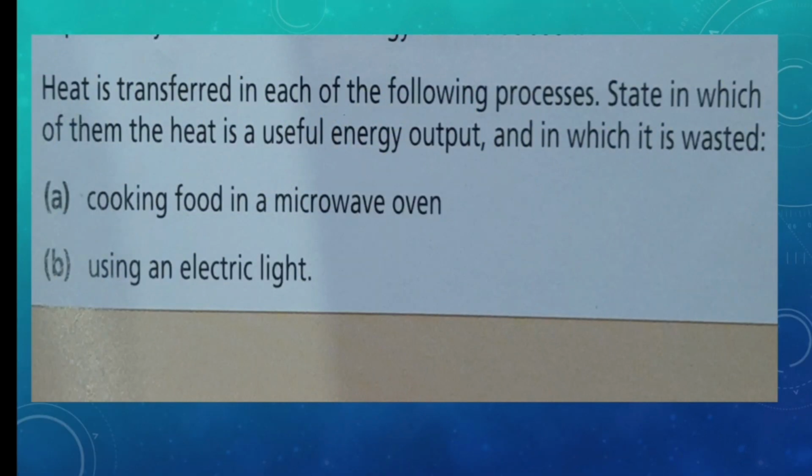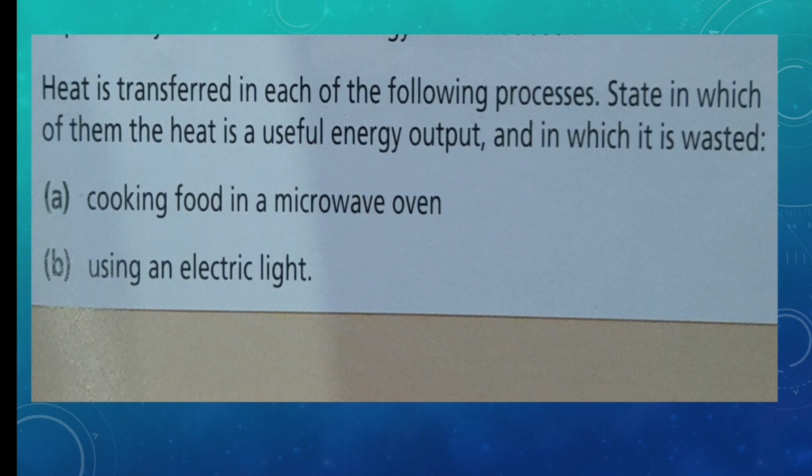This is a question. Heat is transferred in each of the following processes. State in which of them the heat is a useful energy output and in which it is waste. The first option is cooking food in a microwave oven. Here, as you know, in an oven we use heat to cook food.